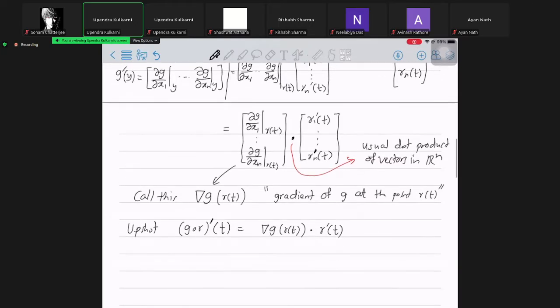Okay, so very good. So I'm going to just assign something as an exercise here. So fix X and V in Rn and take the parameterized curve gamma of t is equal to X plus t times V. And take some function.